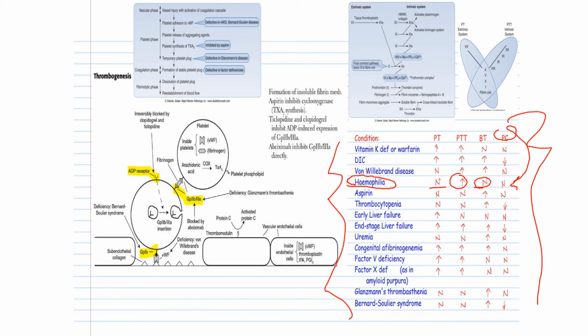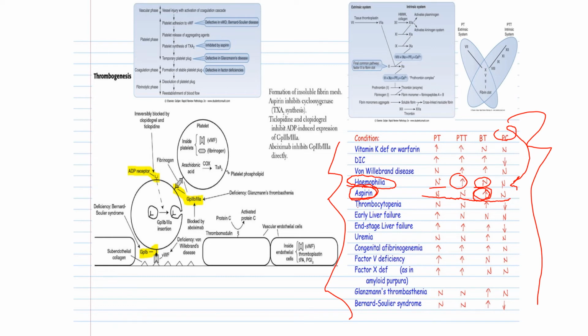What about, for example, aspirin? Aspirin will decrease production of cyclooxygenases and prostacyclin. So aspirin will lead to qualitative abnormality in the platelet. So aspirin will lead to a prolongation in bleeding time, but will not affect any other times.